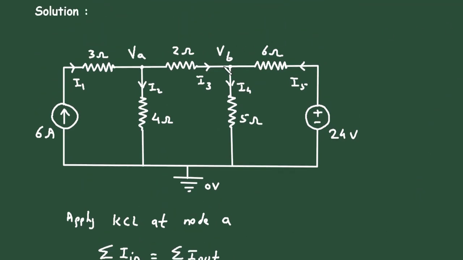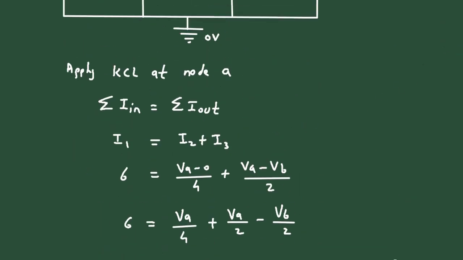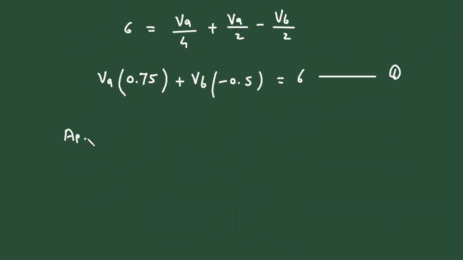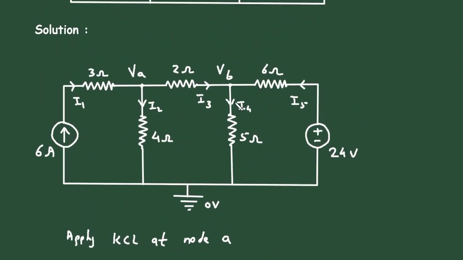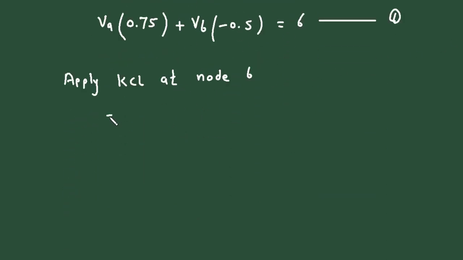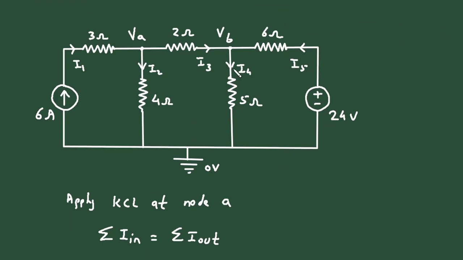Now next we will apply KCL at node B. Here we can see at this node the entering currents are I5 plus I3. So I5 plus I3 is equal to I4.